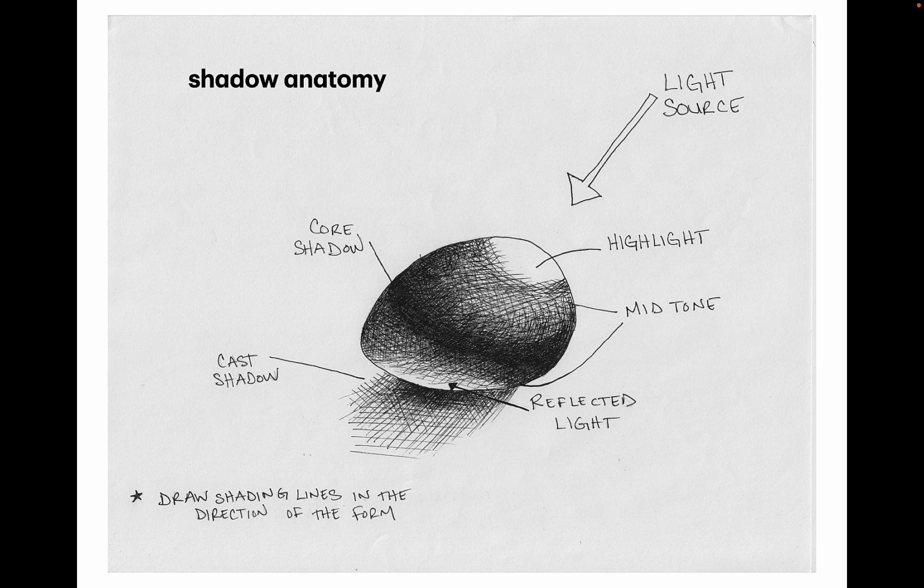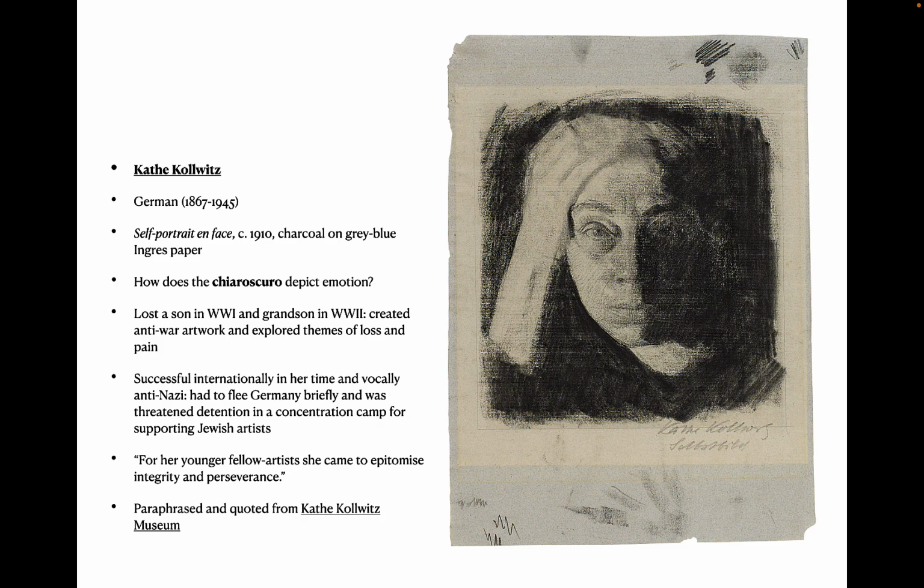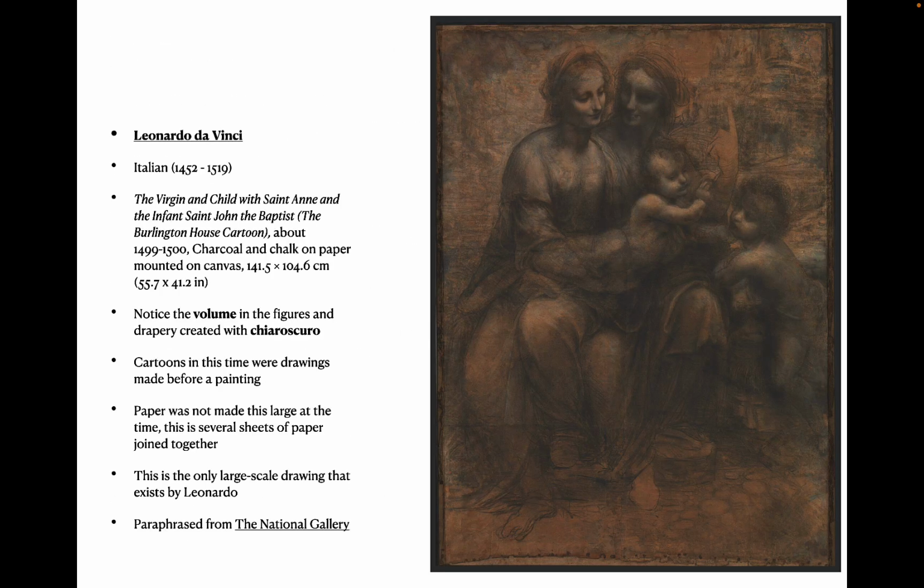Now, reflected light is so important to make things look realistic. A lot of people don't use reflected light, and this is what's reflecting off the surface back onto the object. In this case, it's the egg. And we can see, if we go back to the Ninja Turtles, you can see on little baby Jesus's arm, on the bottom, there's a little reflected light on the bottom of the arm that is making it look more three-dimensional.